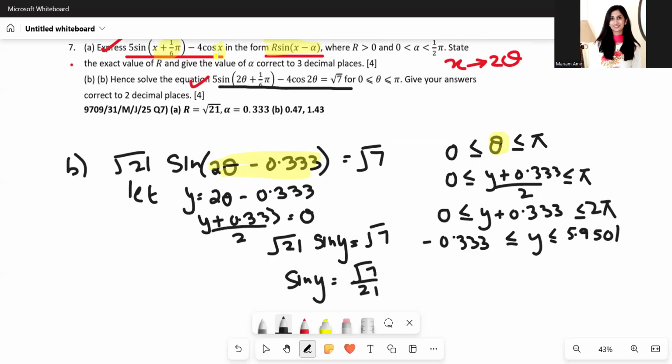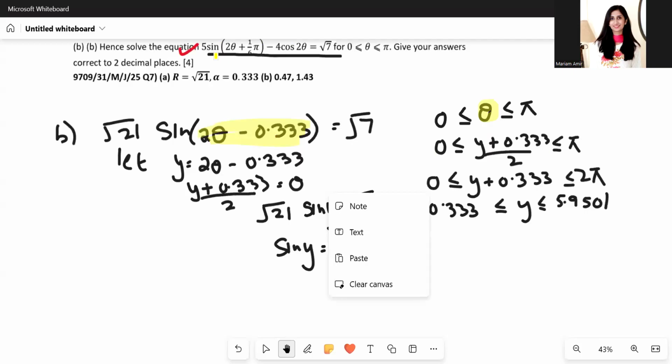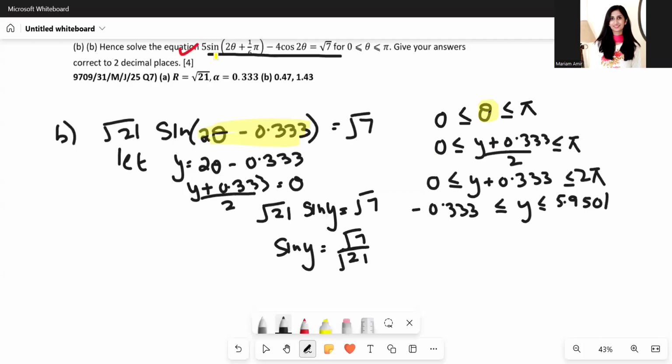Let's find shift sine of square root of 7 upon square root of 21, which gives, so this would be the absolute angle, not the actual angle.